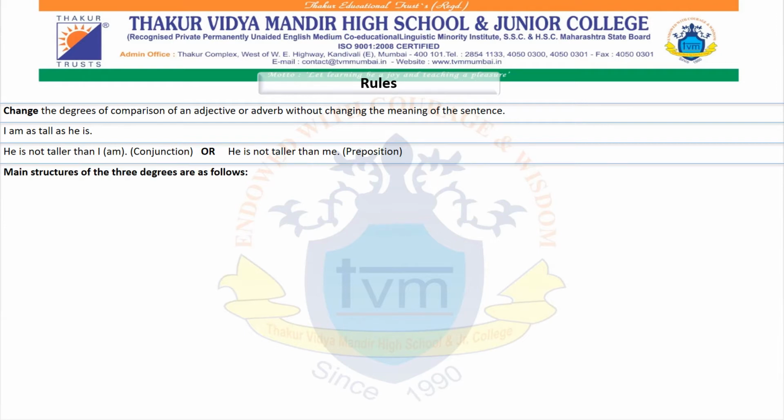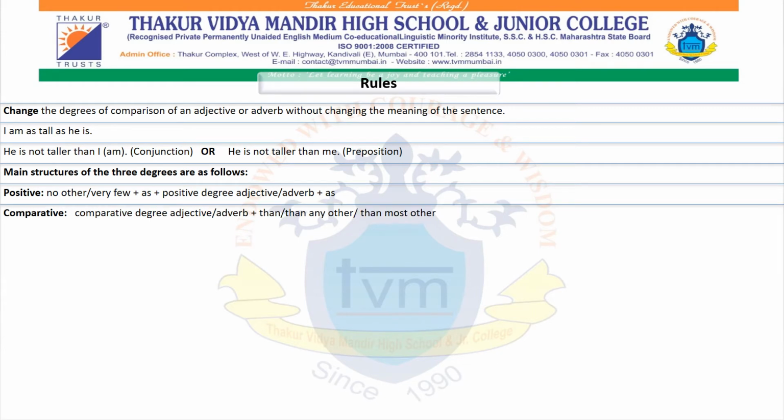Main structures of the three degrees are as follows. Positive, we can start with the words no other or very few plus as, plus positive degree of adjective or adverb and then as.